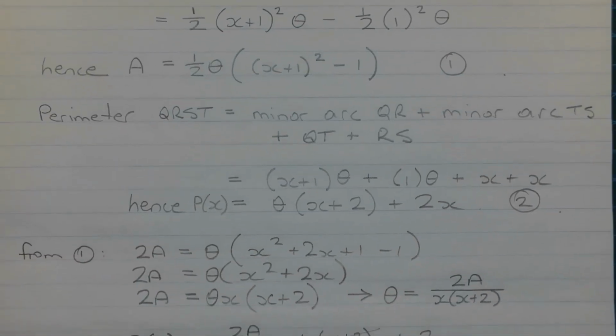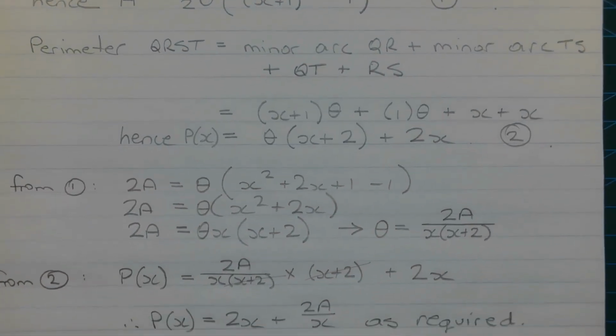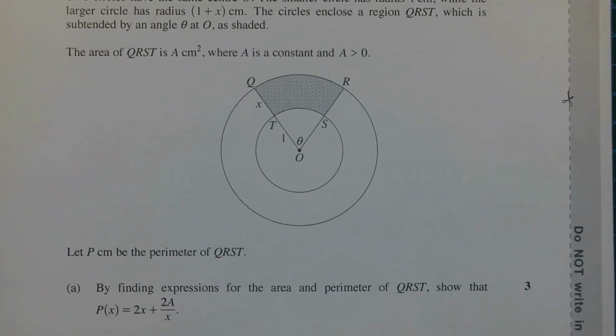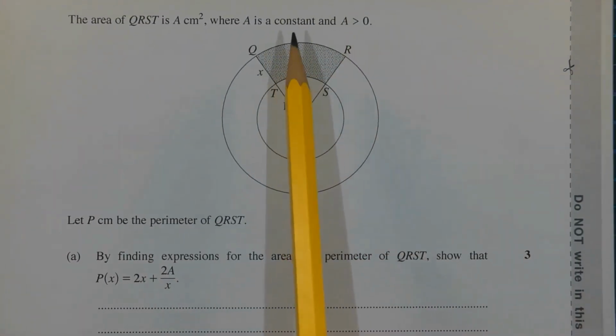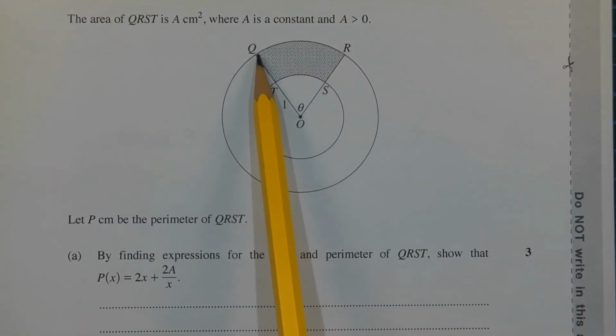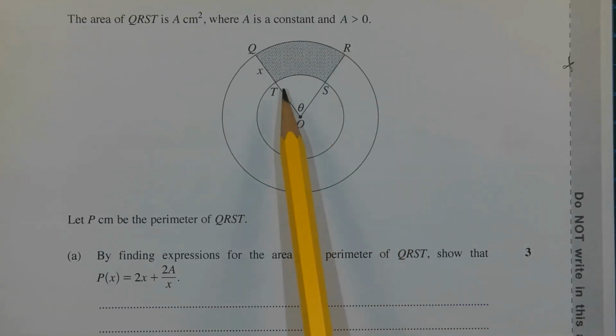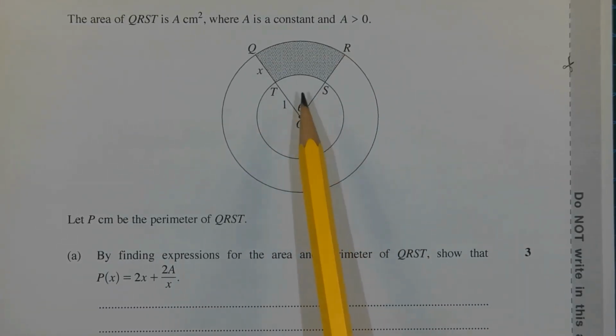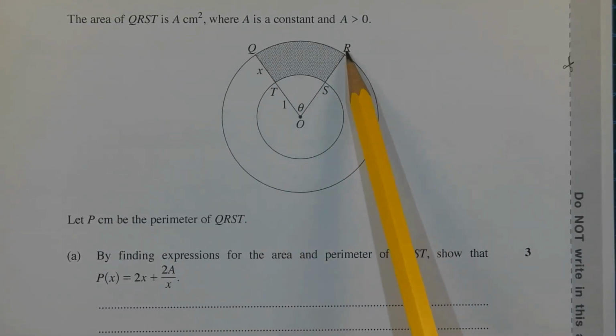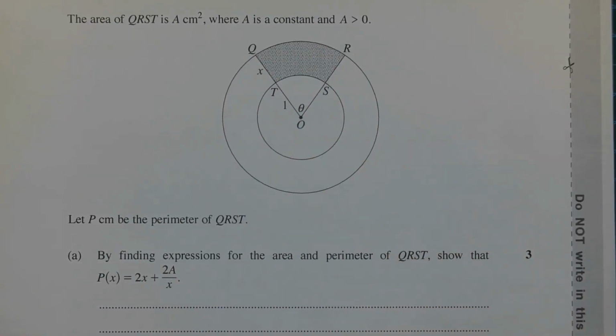Now consider the perimeter of QRST. And the perimeter is made up of minor arc QR plus minor arc TS plus QT plus RS. Now RS is equal to QT, so it's equal to x.